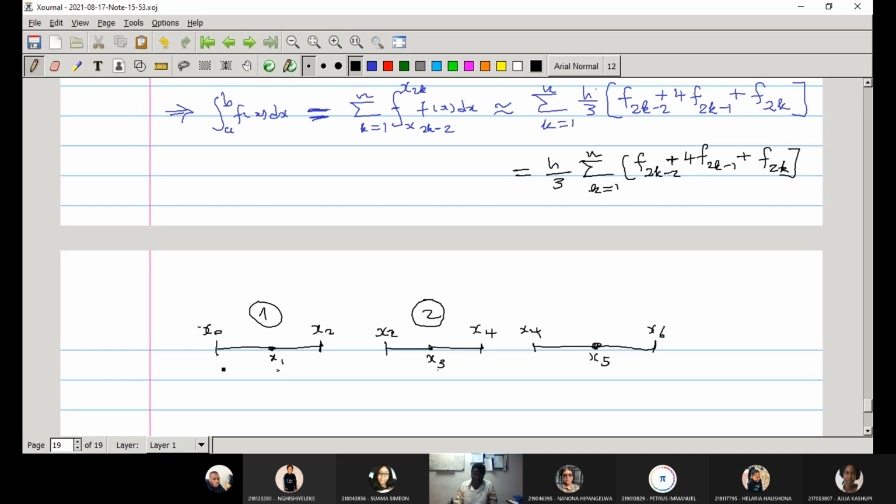Because x1, you can see that x1 will appear only once. But this x2 will appear in 2 subintervals. It will appear in the first subinterval and in the second subinterval. You can see that x2 will appear here and it will appear there. x4 will appear here and it will also appear there. Similarly for x6, I hope you see the pattern now.